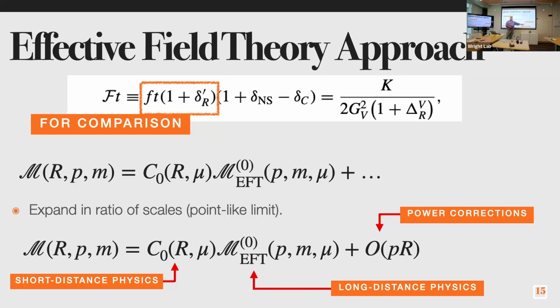There are corrections to this formula that are suppressed by this PR thing. These would be power corrections. I'm not going to talk about them until very close to the end of the talk. I'll just mention what should be done, if I have time. But the point is, everything I'm going to tell you about is at quote-unquote leading power, just in the limit where you drop all the terms that go like PR goes to zero. There's a good reason for that.